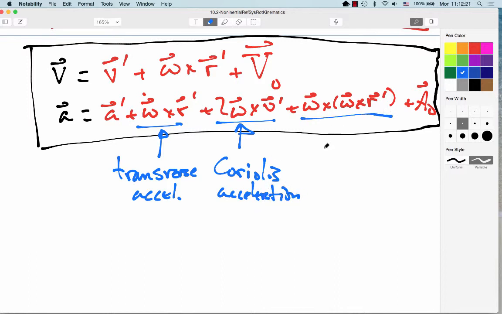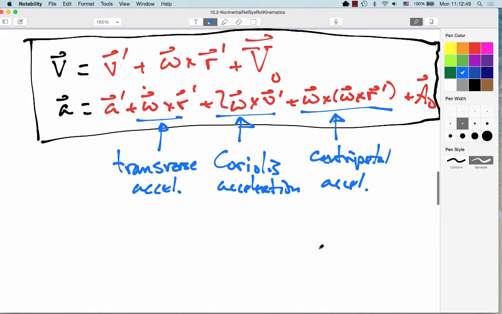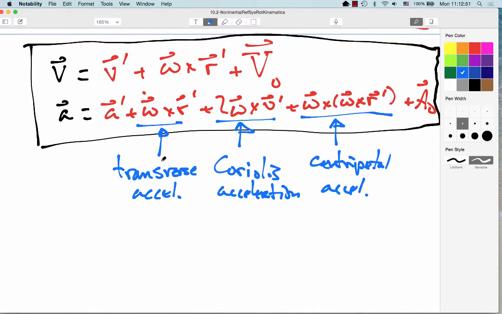This omega cross omega cross r prime is called the centripetal acceleration. And then finally, that was the inertial term. Or sorry. We'll just leave that for now. All right, so let's go and look at this.